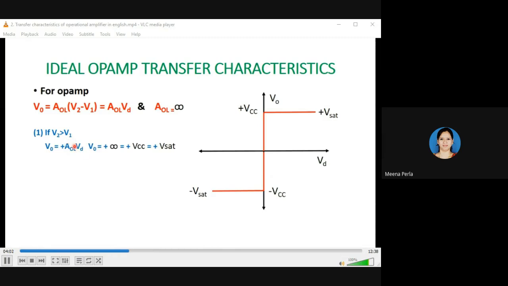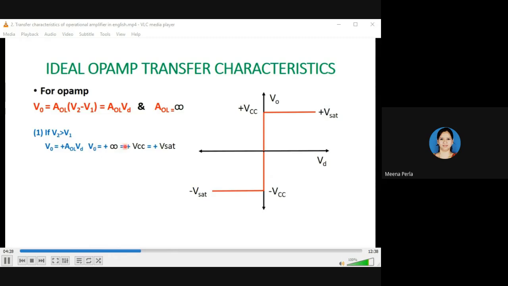If we put AOL equal to infinity, then we get V0 equal to plus infinity. And I have already told you in the last classes that when the open loop gain of the operational amplifier is infinite, then the maximum output voltage we can get at the output is equal to the supply voltages, that is plus VCC or minus VCC.